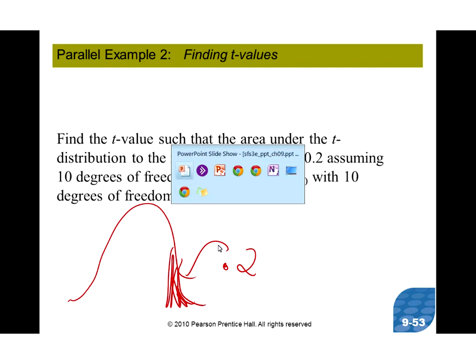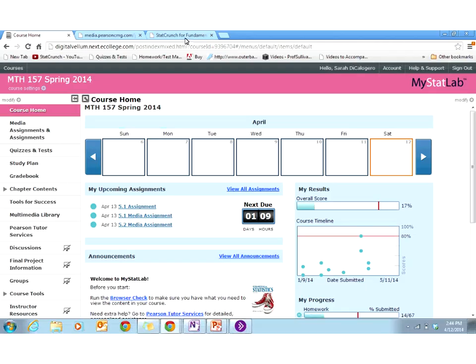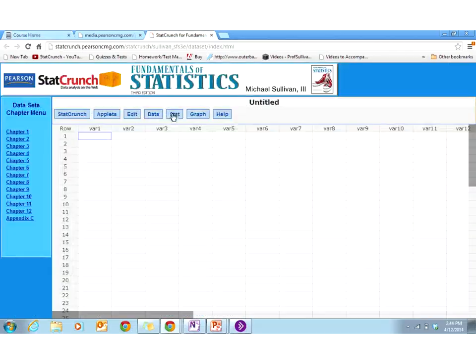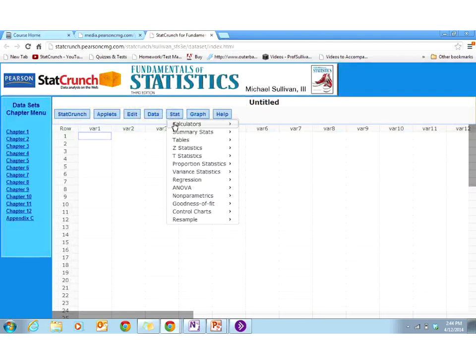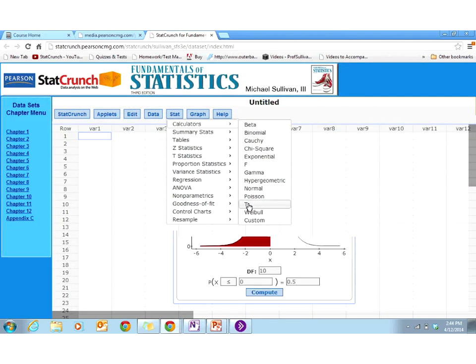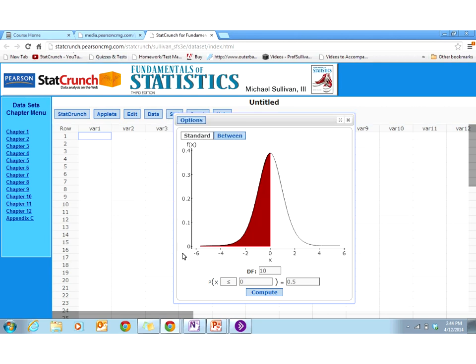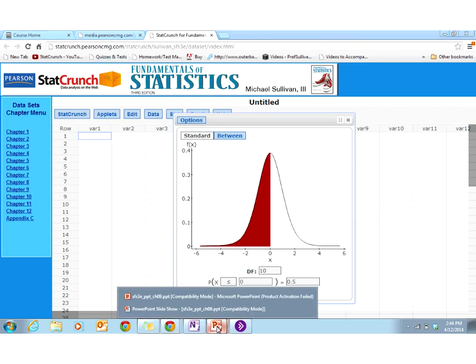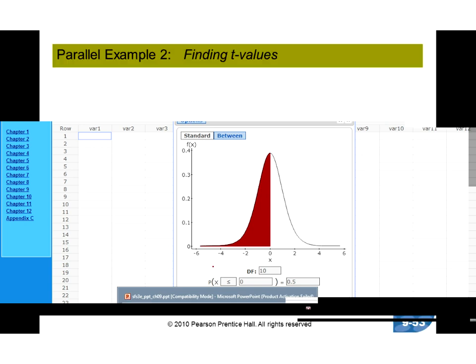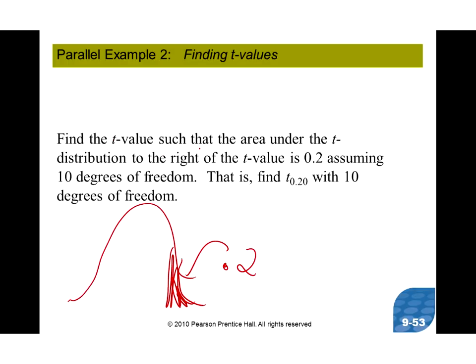And where is my StatCrunch? Oopsies. Here we are. Now, you can go to Stat, Calculators, and look at this, T. Come back to our PowerPoint slide and remember our degrees of freedom are 10.